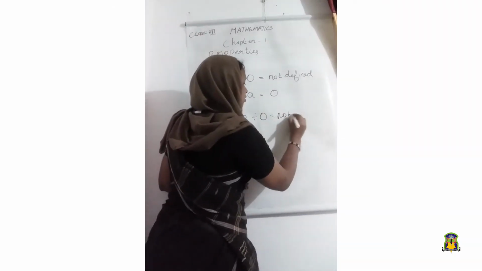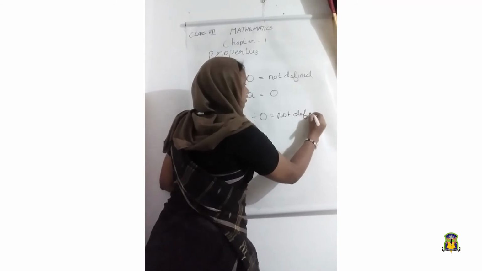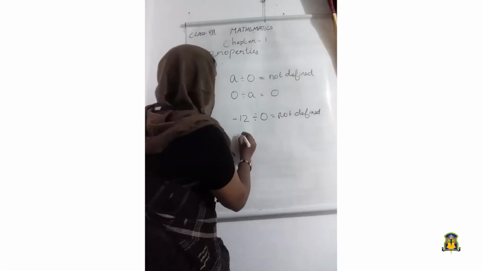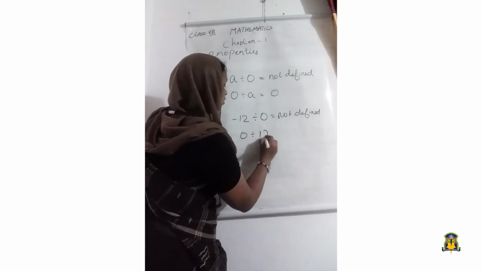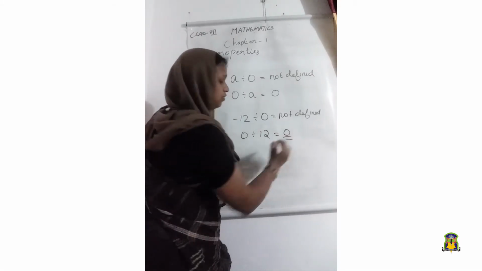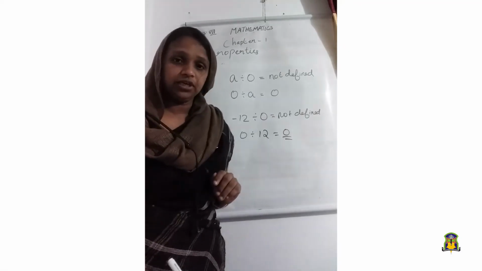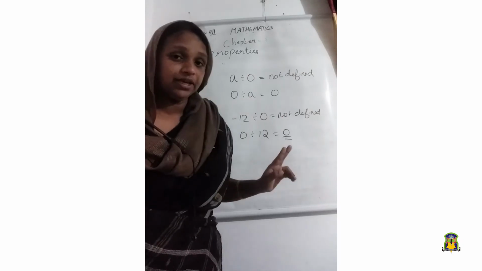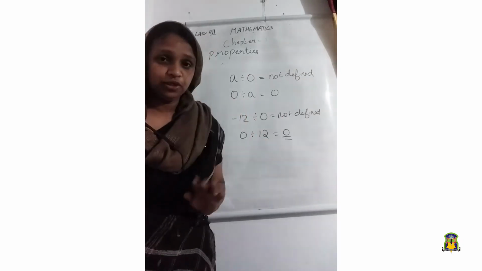Then, 0 divided by A: that means 0 divided by 12 or negative 12. The answer is what? 0. So A divided by 0 is not defined, and 0 divided by A is equal to 0. Okay.